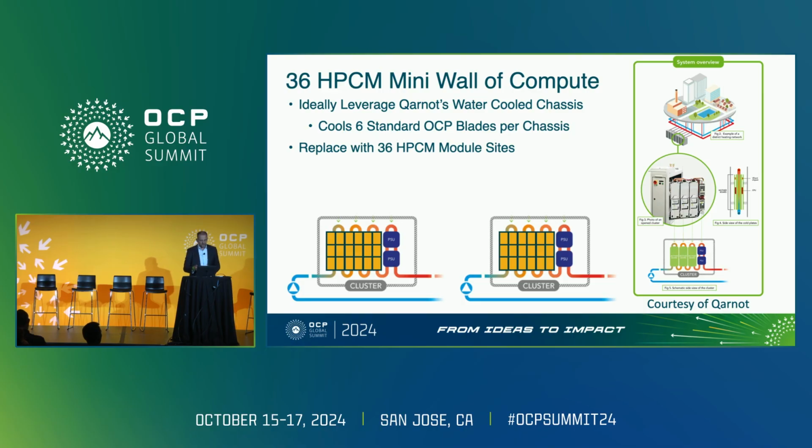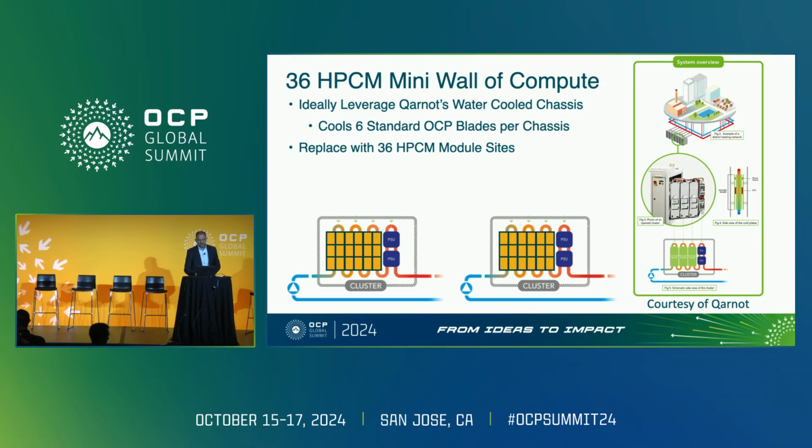But from a pragmatic perspective, there is a company, and I'm going to ruin the name of them. I call them Corno, but there's a much better, clearer name. They are in the downstairs area. You can see this box in the downstairs area. They effectively have a water-cooled wall already. You can see in the picture in the middle here, they're cooling 3 OCP blades.